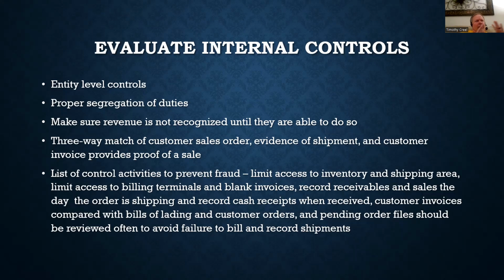And basically, if all of those match properly, then you know that certain controls are in place within the company, because those three need to match. The customer needs to be shipped what they ordered, and the customer needs to be invoiced for the cost of what they ordered. Now, list of control activities to prevent fraud.